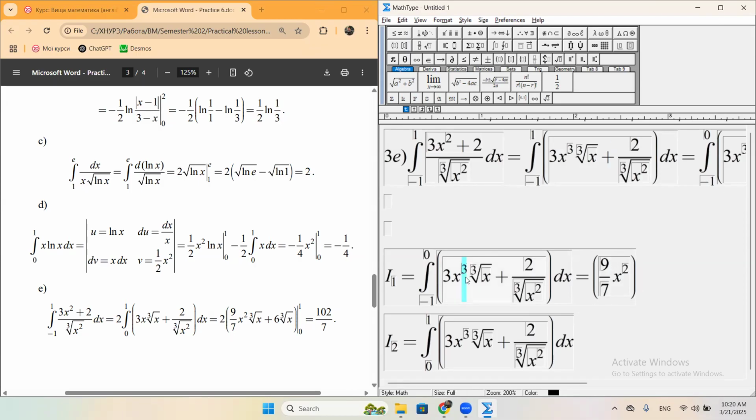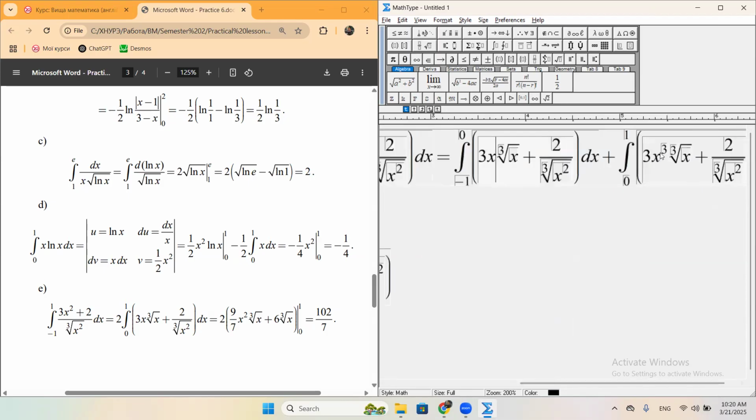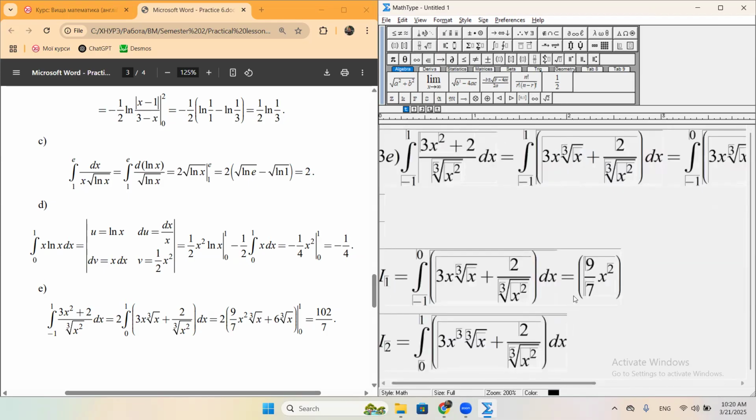Stop, yeah, incorrect. And nobody told me about the mistake. And plus 6 cube roots of x.